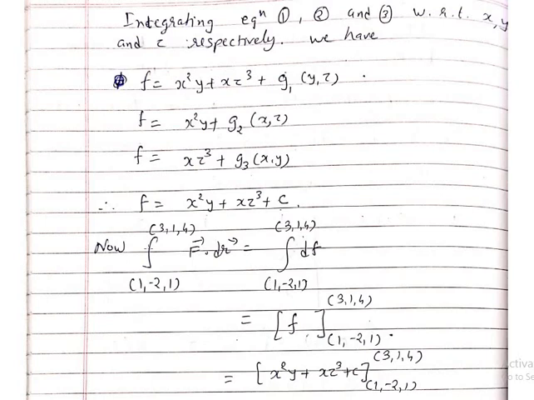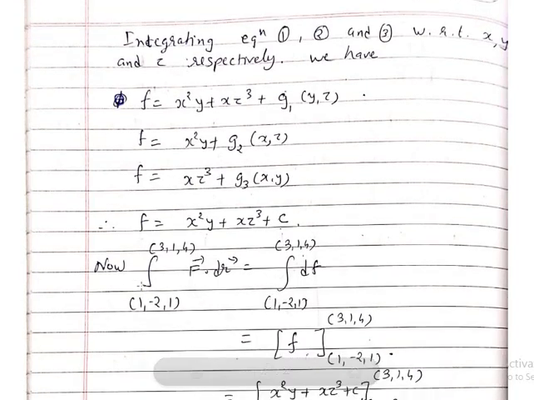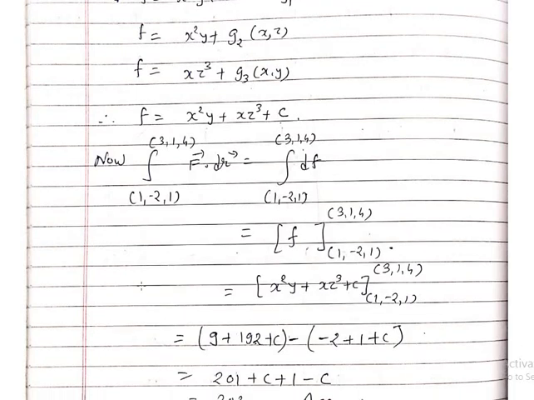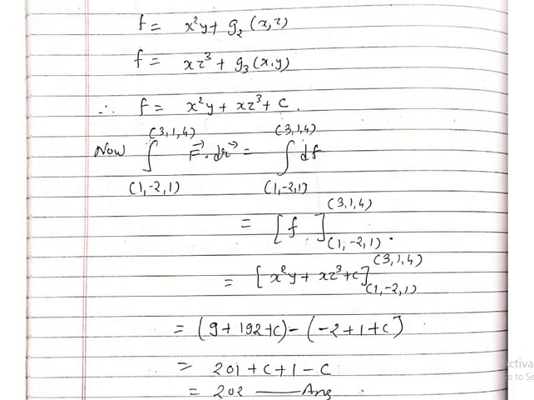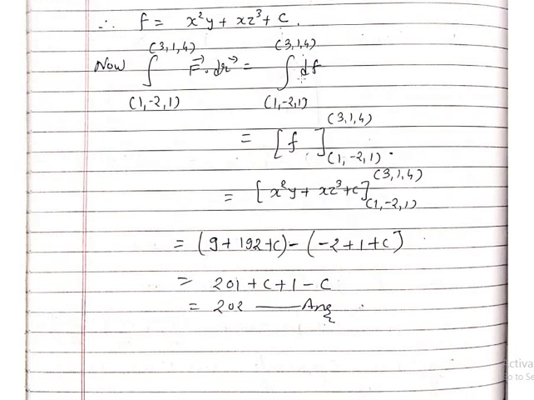Okay. Now, putting all values in the integration, we have to find the integral from (1, -2, 1) to (3, 1, 4) of F dot dr. F dot dr is nothing but df.